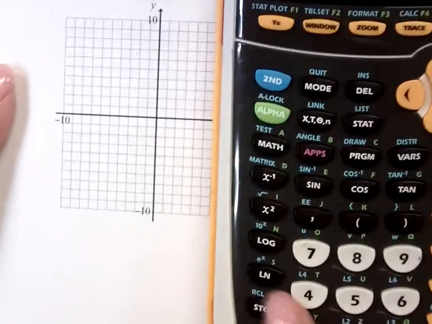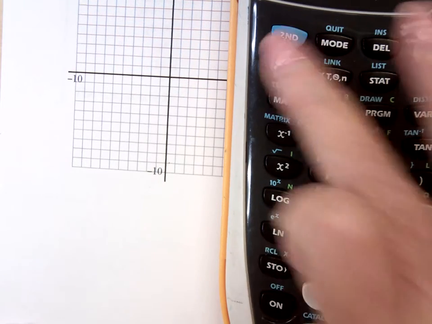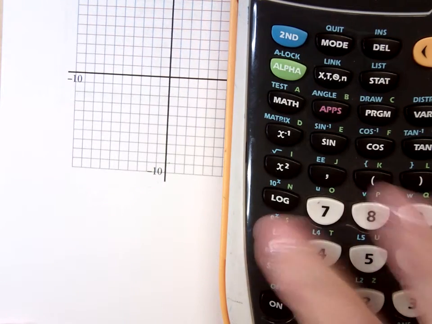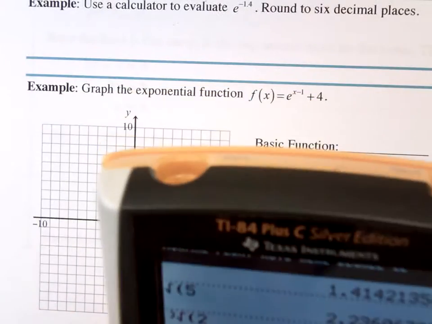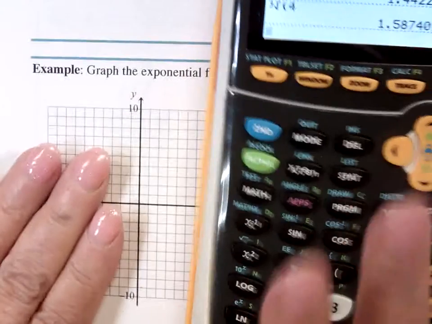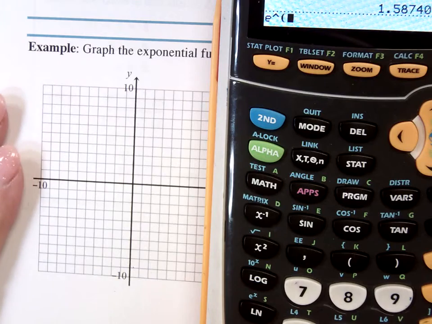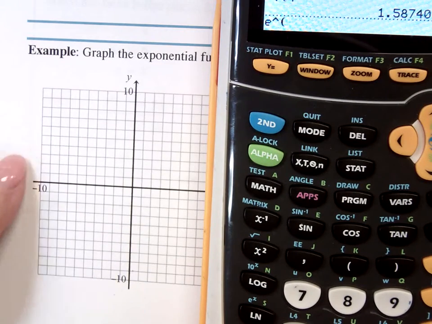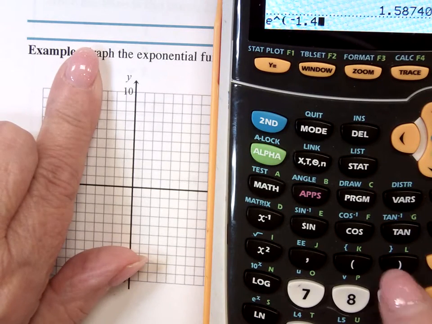So e is above the ln key, which is natural log, which you've hopefully seen. So it would be second, e to the, and what did I just get? Not alpha, second, natural log. Going to give me my e. And then it's going to be, they said, negative 1.4, so negative 1.4.